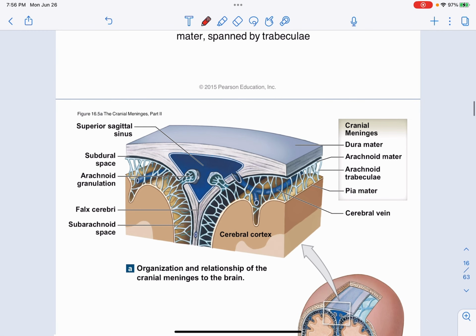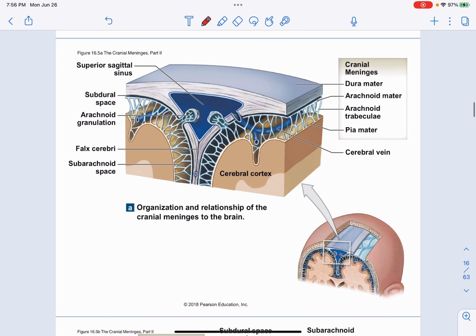Take a look at this again so you can see here is the arachnoid mater right here, right? And you can see those struts, those trabeculae here, connecting closely to the pia mater. You can also see blood vessels there, and remember, flowing through here is the cerebrospinal fluid.